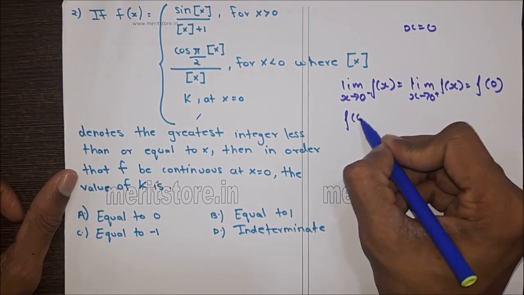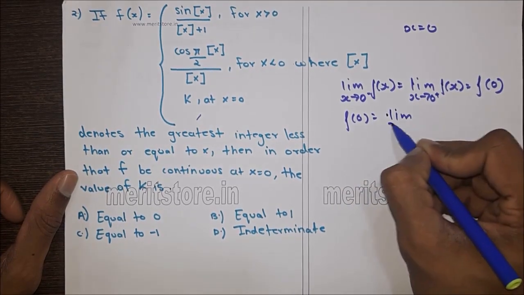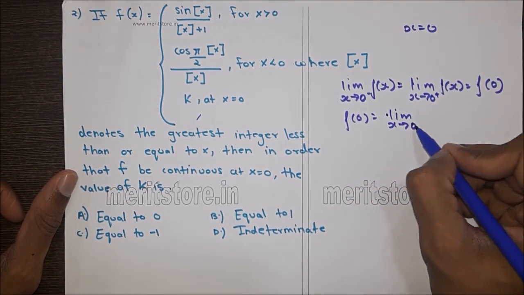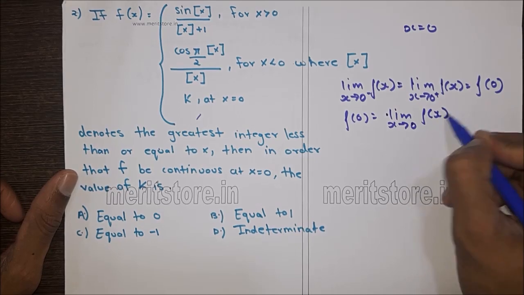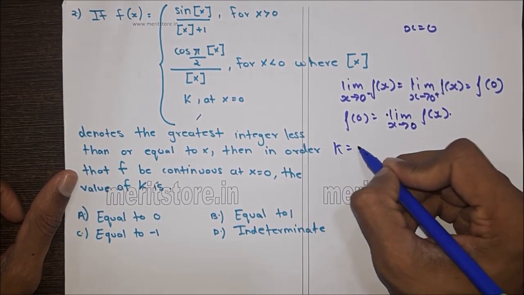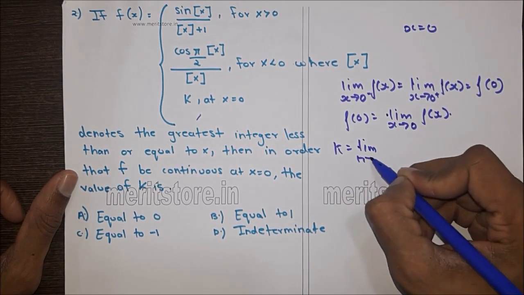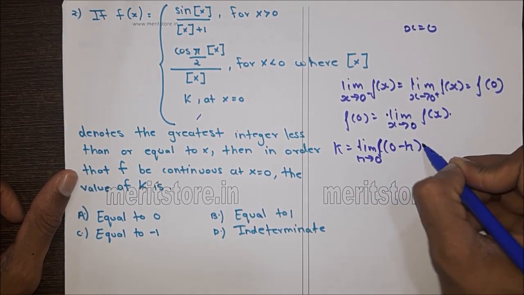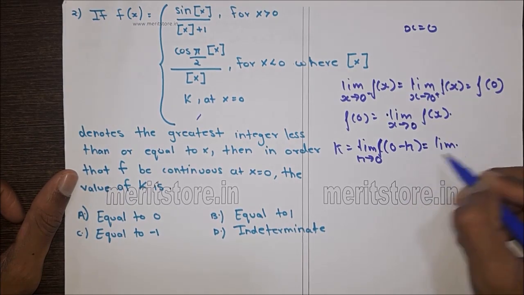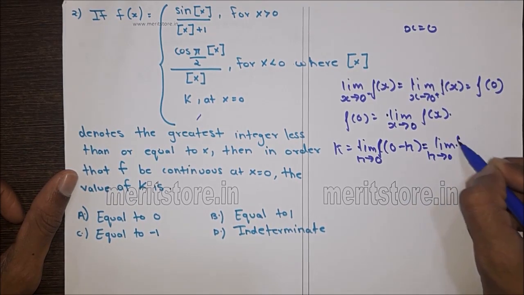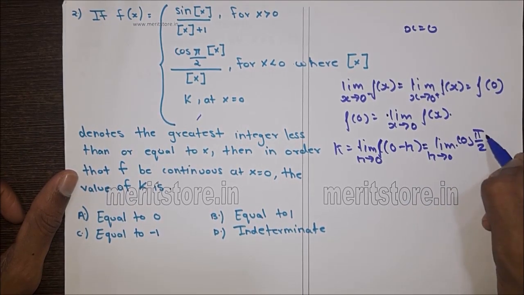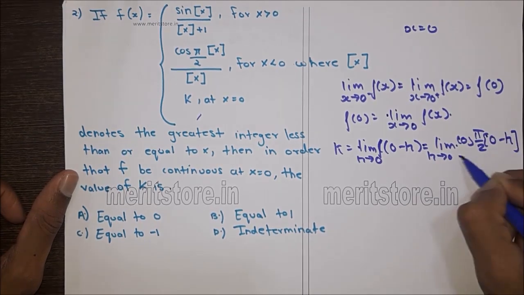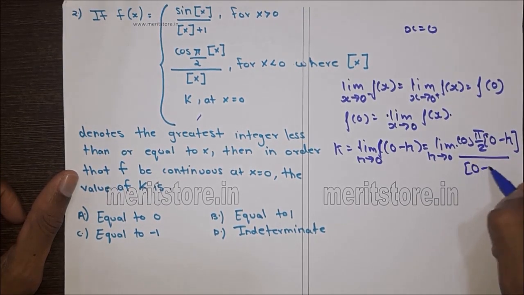So f of 0 equal to limit x approaches to 0 from the left hand side of f x will be k, equal to limit h approaches to 0 f of 0 minus h, equal to limit h approaches to 0 cos pi by 2 bracket 0 minus h upon 0 minus h.